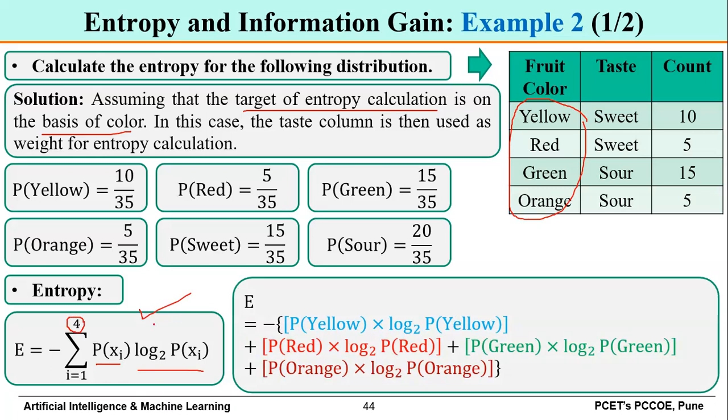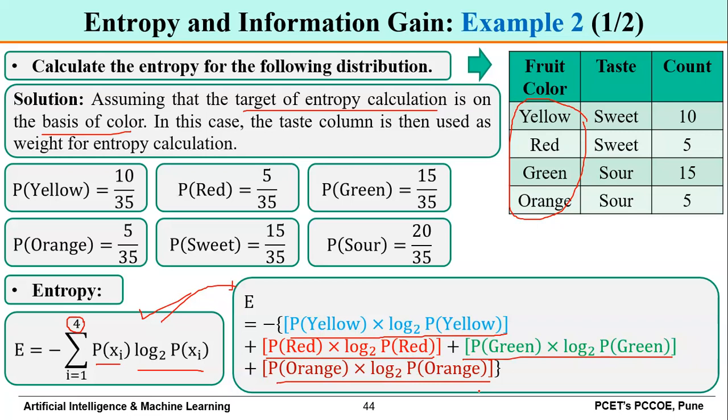And when you simplify this equation, you will get the entropy for yellow color, entropy for red color, entropy for green color, and entropy for orange color.